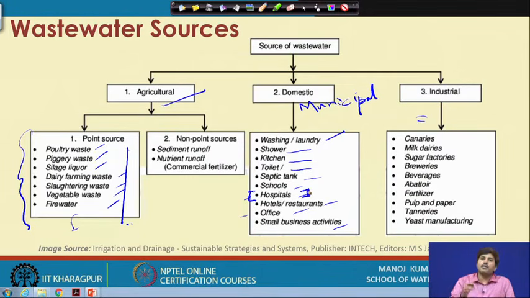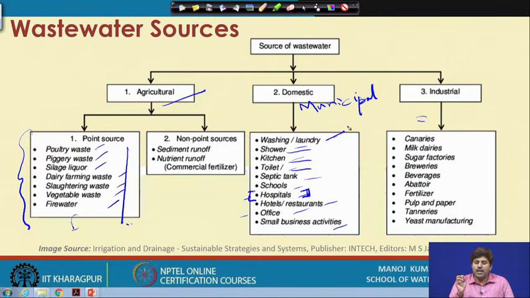However, for all other forms, you have toilets, kitchen, shower, laundry. All these are generated from different activities at household level, and from small marketplaces or business activity areas. So, this is what is typically referred to as municipal wastewater.